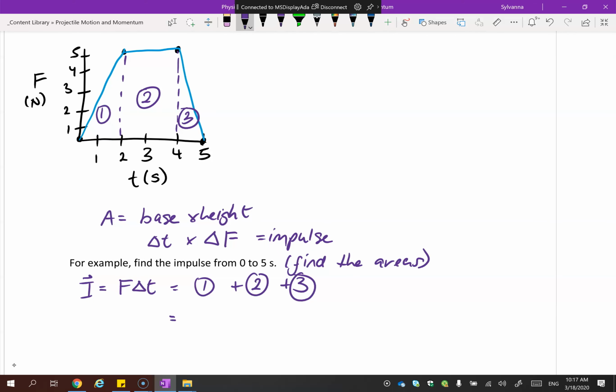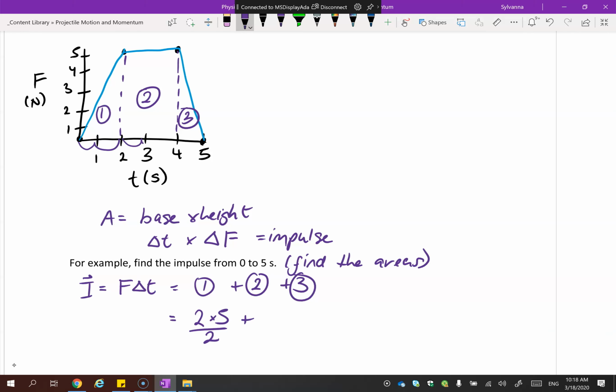For our first area, we have a right triangle. This is going to be 2 times the height, which is 5, divided by 2 because this is a right triangle. Then the area of the second section is a rectangle, which is base times height.